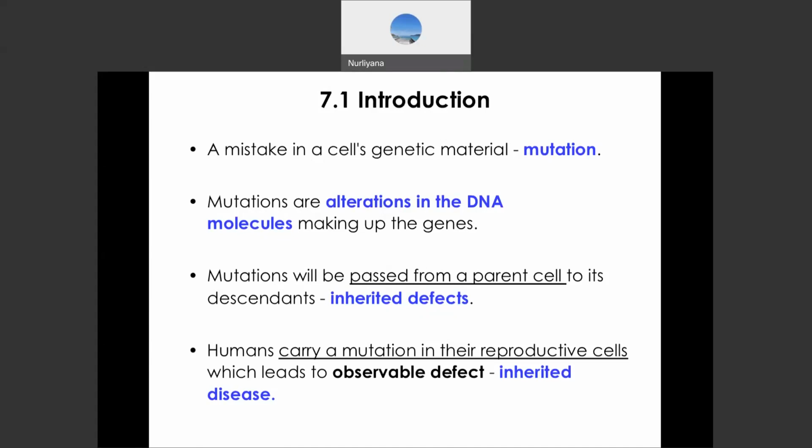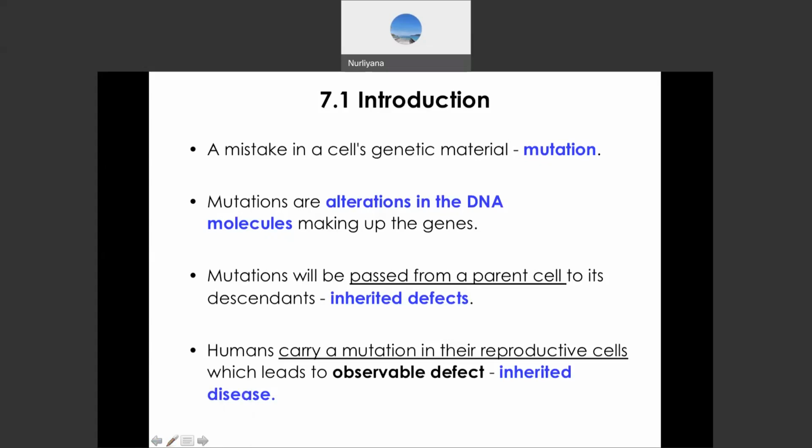This mutation can occur in two ways. The first way is that it can be passed from a parent to its descendant. This is what we call inherited defects.